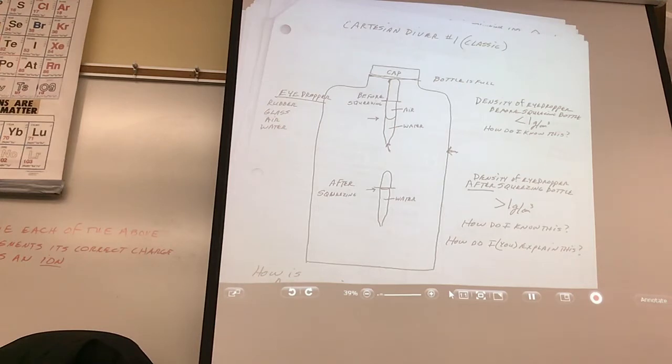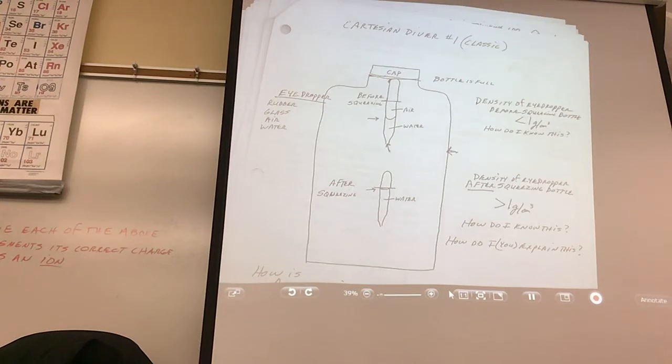More water enters the submarine. Now the submarine weighs more than it used to, and now it becomes more dense. So how do I do this? By adding more weight to the submarine, right? By squeezing the air, more water came into the bottom. You get that? That's what made the submarine heavy enough, because the weight was greater than the buoyant force.